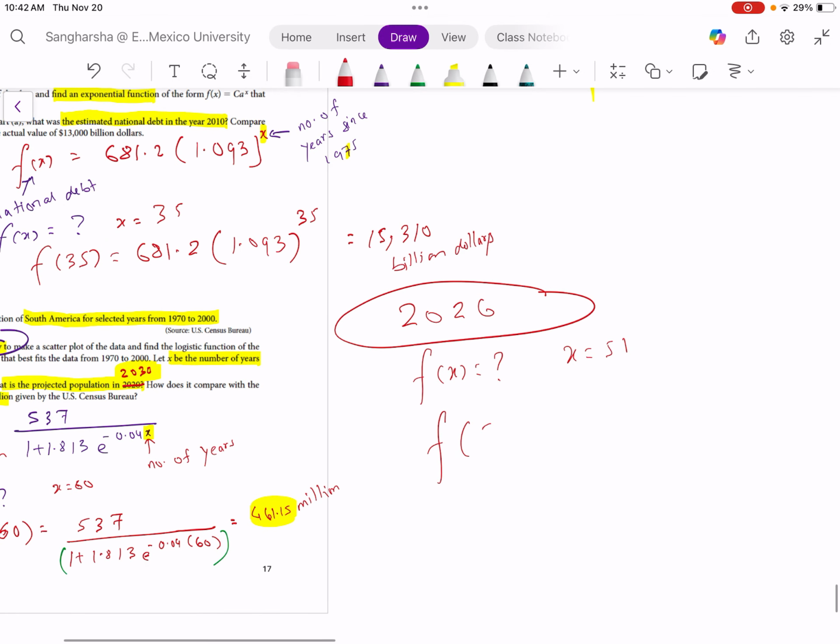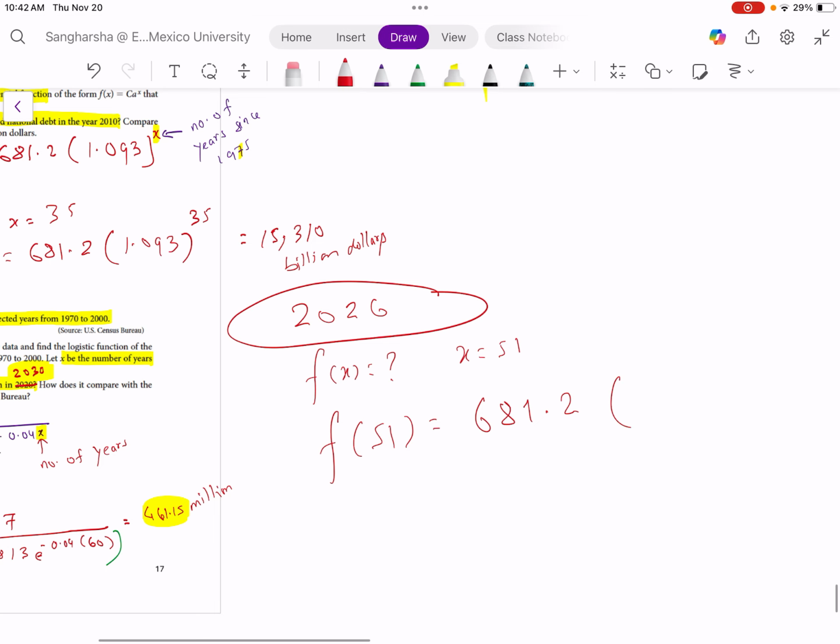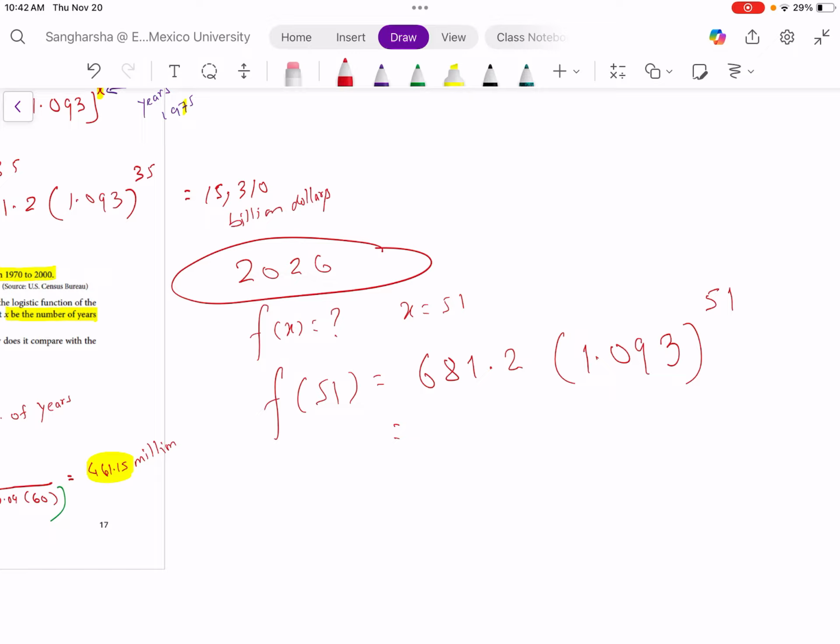So f of 51, you are taking the same function, 681.2 times 1.093 to the power 51. Now can you help me here? 681.2 times, make sure to have parentheses for 1.093 to the power 51.